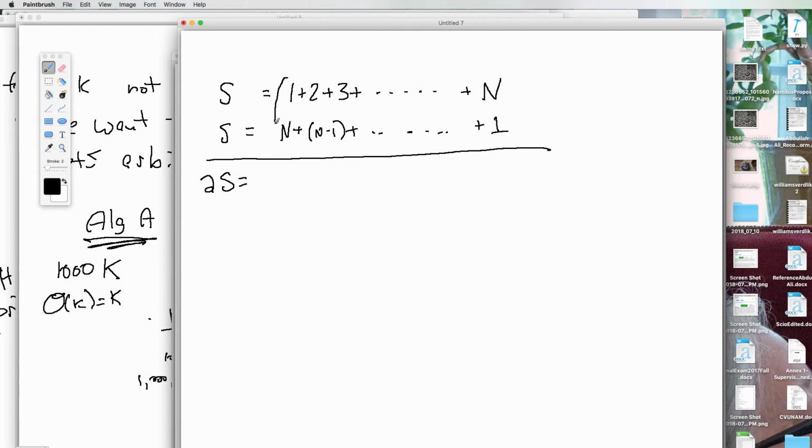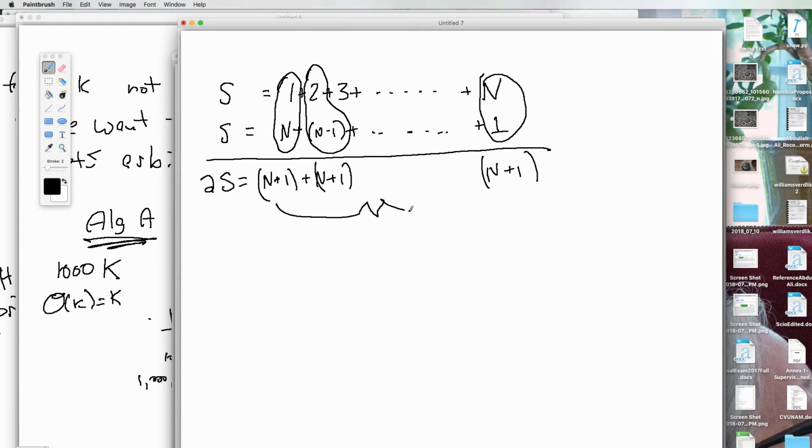Well, this is equal to n plus 1. And this, 2 plus n minus 1, that's also equal to n plus 1. And I keep adding these all the way up over here. That's n plus 1. And the question is how many of these are there? And the answer is there are n of them.